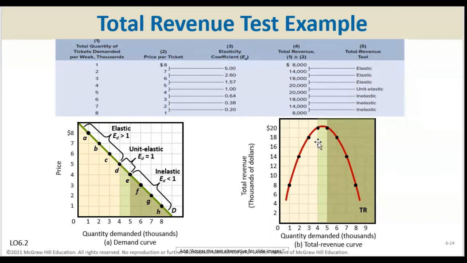Translating into the total revenue graph, as the price decreases from A all the way to 4, what happened to the total revenue? The total revenue increases, right? And we get to the midsection, which is unit elastic, where the total revenue didn't change. And in the lower portion of the price, as the price keeps decreasing, total revenue also moves in the same direction.